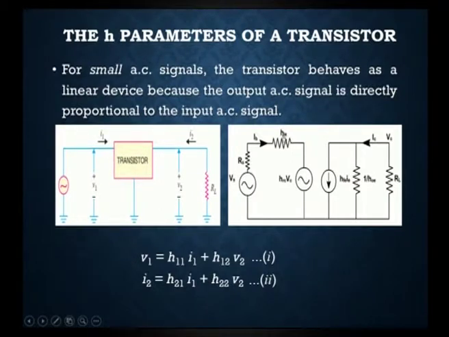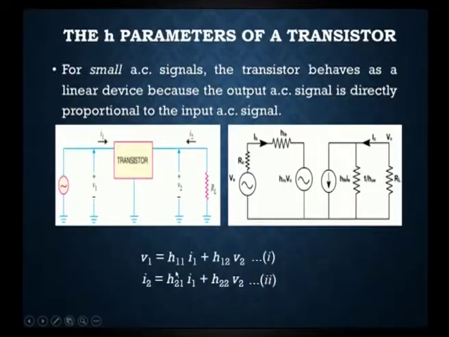If we are using a common emitter type of transistor, then we use the subscript e, that is emitter. Like this, for different subscripts there are different terminologies, that we are going to study in detail with a table in the next slide.